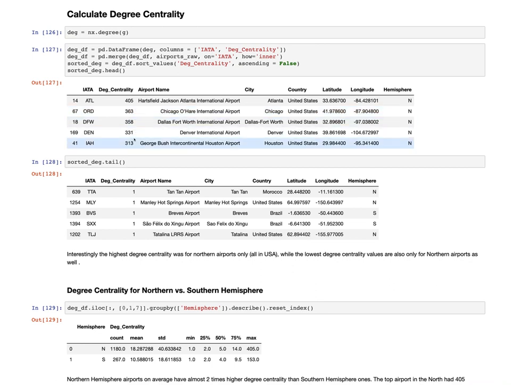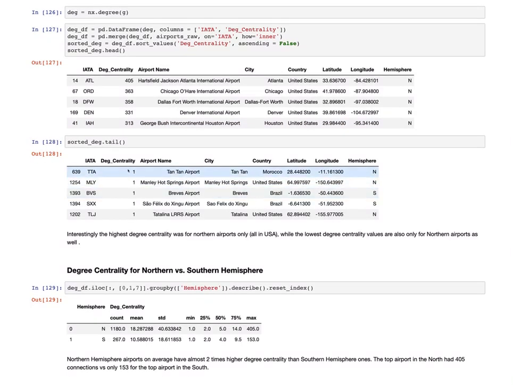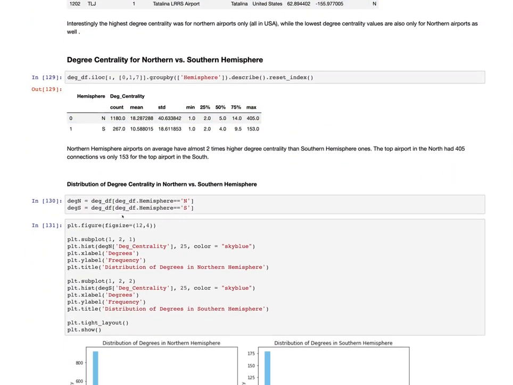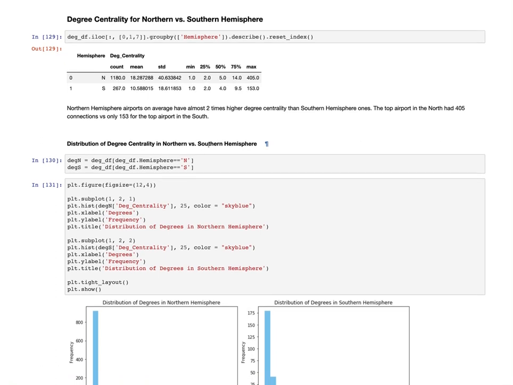As you see, the four after that go from 405 down to about 313. But then the lowest all were just one connection. Then we did some summary statistics on the degree centrality, so we could see the average was 18 connections in the north and 10 in the south.